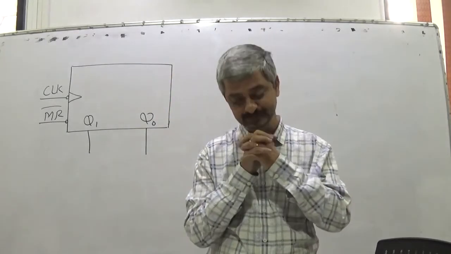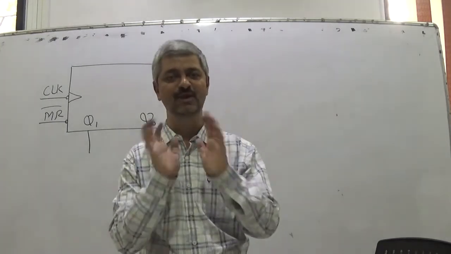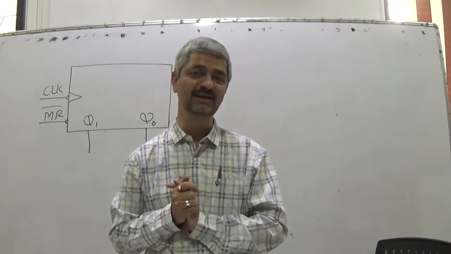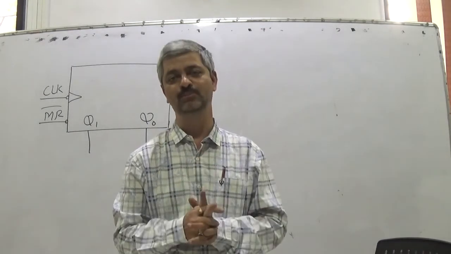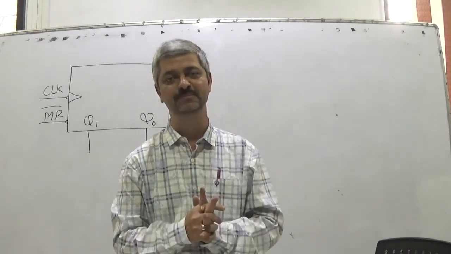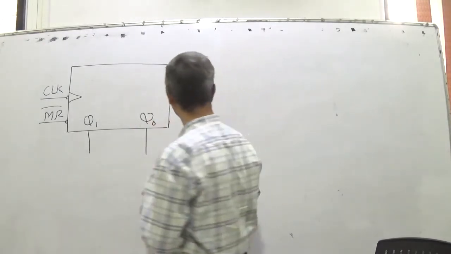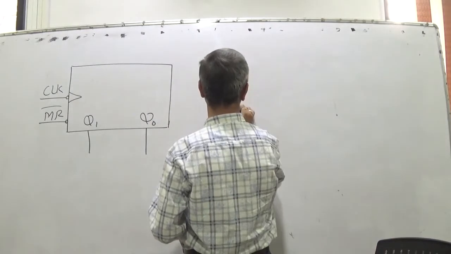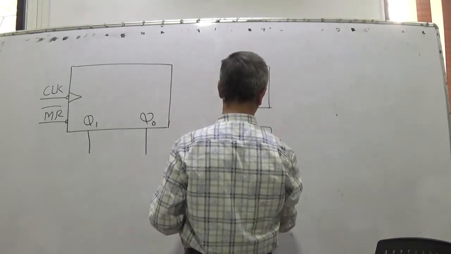So the hint is, for each bit we need one flip-flop. For each bit we need one flip-flop. So 2-bit counter, 2 flip-flops. 3-bit counter, 3 flip-flops. 4-bit counter, 4 flip-flops. So for this circuit there are 2 flip-flops.